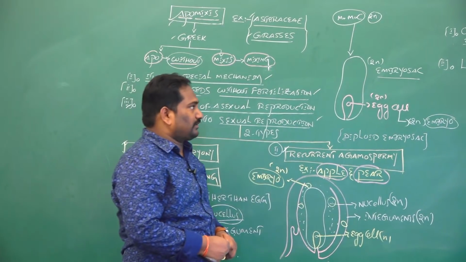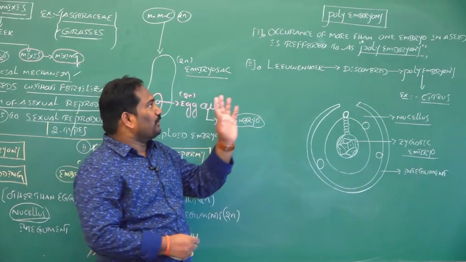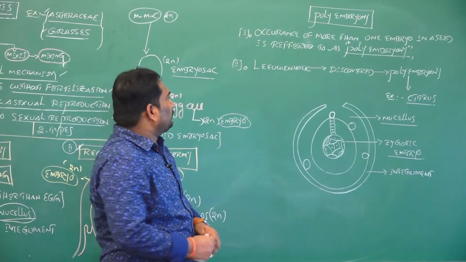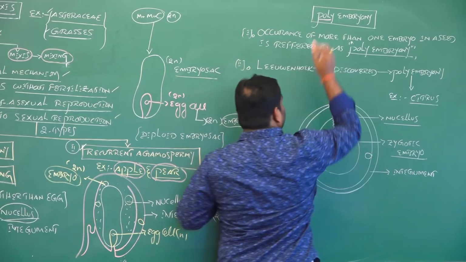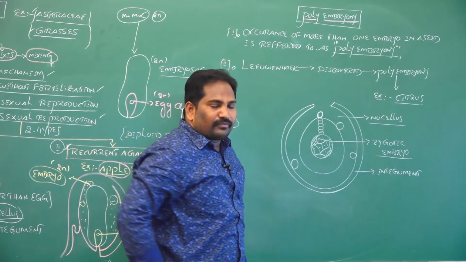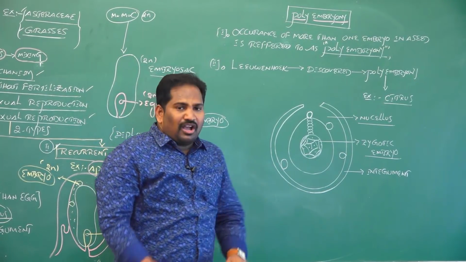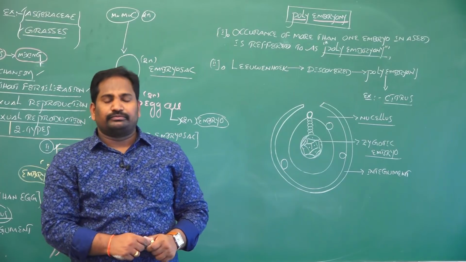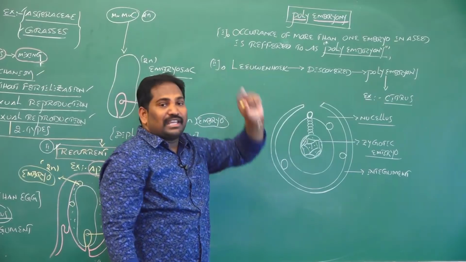Let's discuss what is polyembryony. Generally, poly means many. Embryony means embryos. In general, one seed has one embryo. If one seed has many embryos, it is called polyembryony.